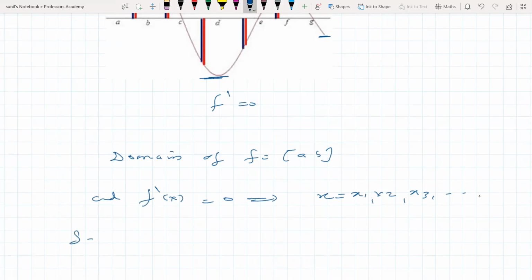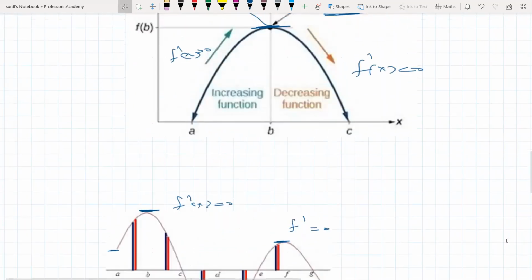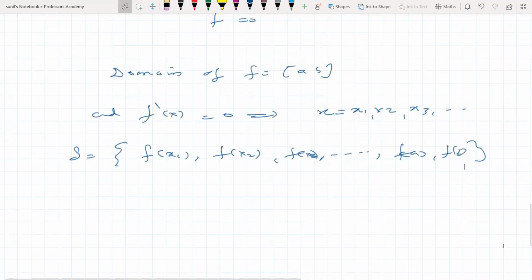So we are finding a set like this. In this set, f(x1) may give a maximum or minimum. f(x2) can also give a maximum or minimum. Or f(a) and f(b), the endpoints, may also be the maximum or minimum.